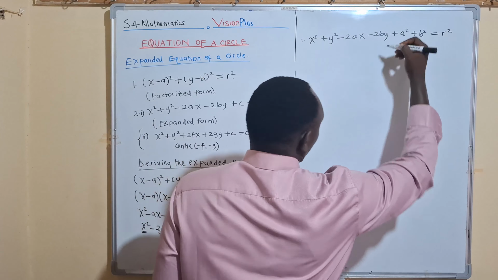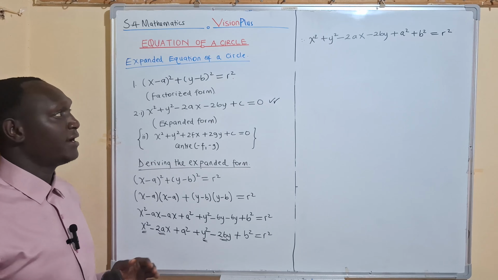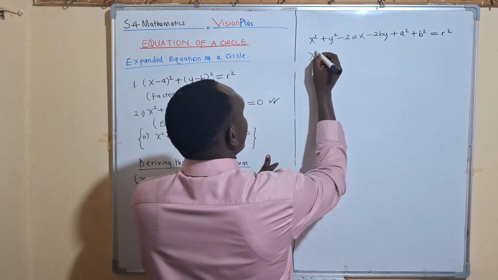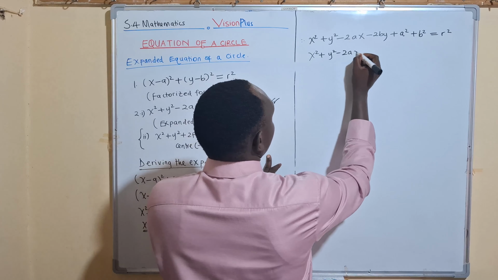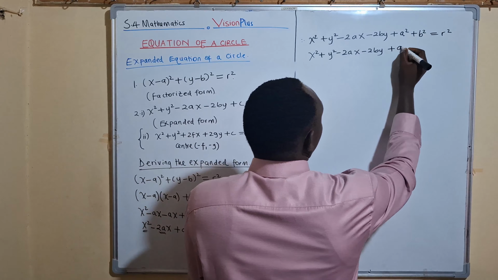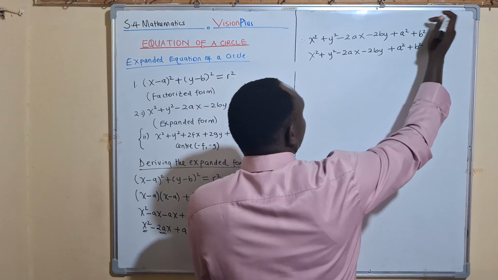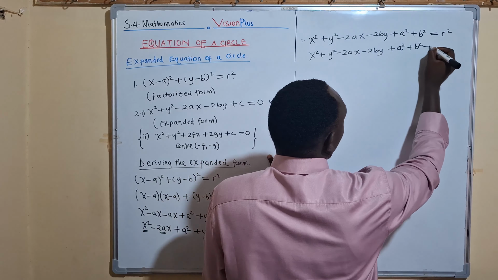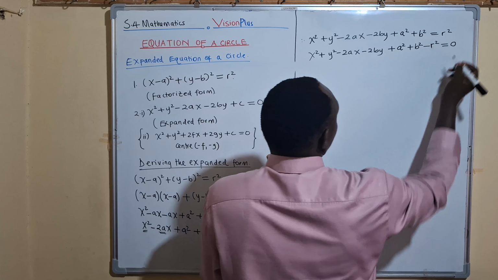Now we need to bring r² also because it is a constant. So I'm going to have x² + y² - 2ax - 2by + a² + b² - r² = 0. The r² is positive on this side, so on crossing the equal sign, it becomes negative r².